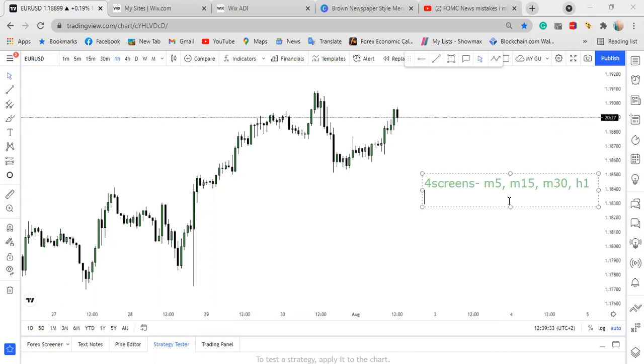All right, so this strategy should be able to give you a signal each hour, or at least you're using the 1 hour time frame for your signal confirmation. The other time frames just give you more confirmations on what you're looking for.